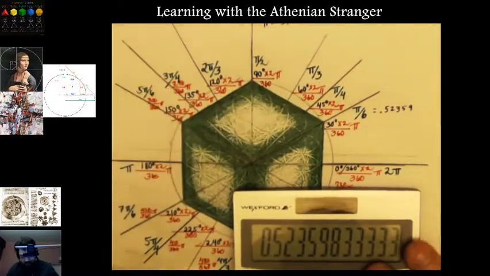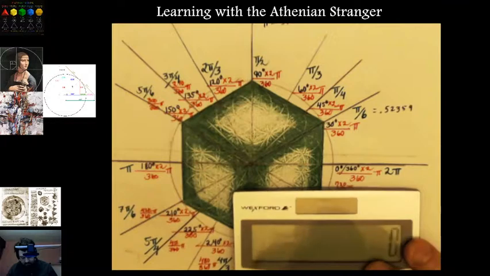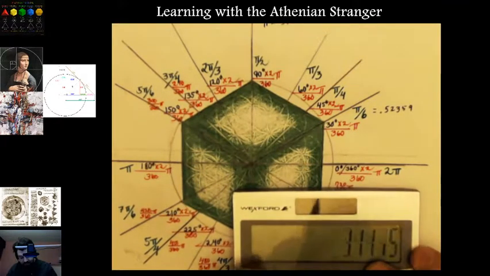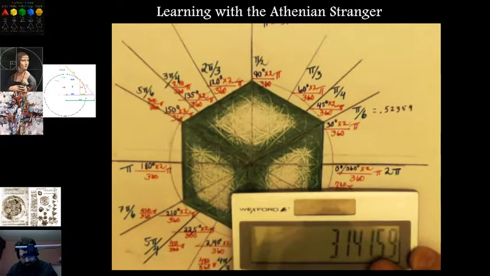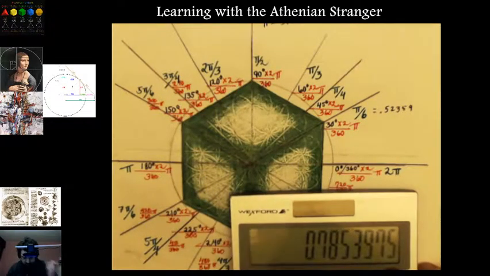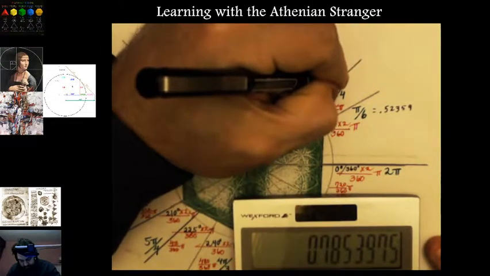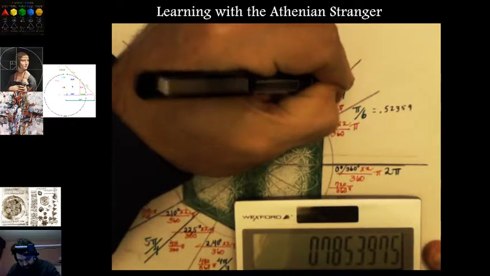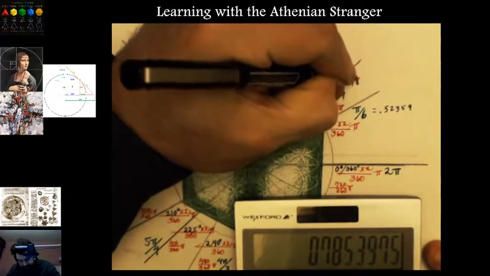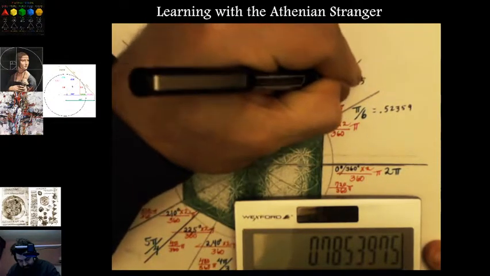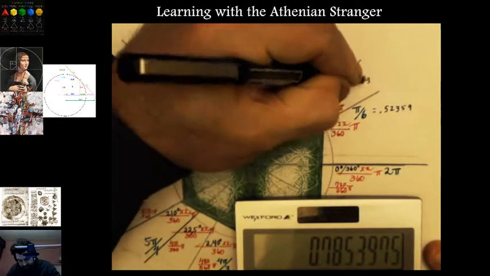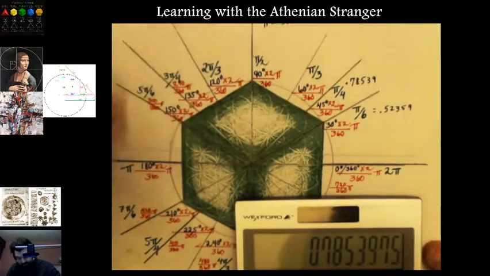Let's now continue. Pi over 4. 3.14159 divided by 4 equals 0.785339.